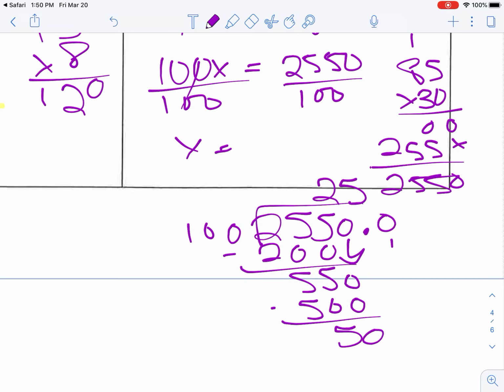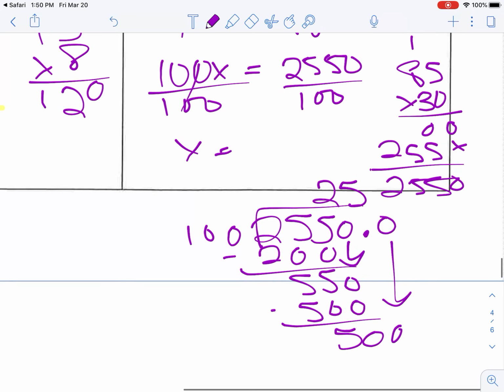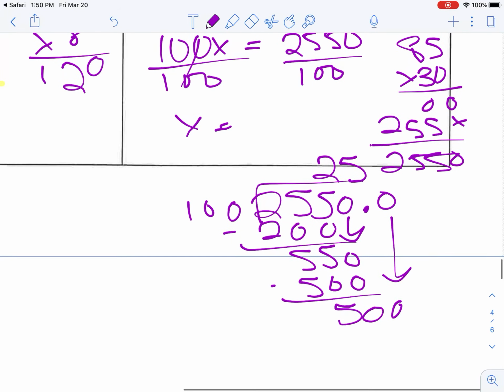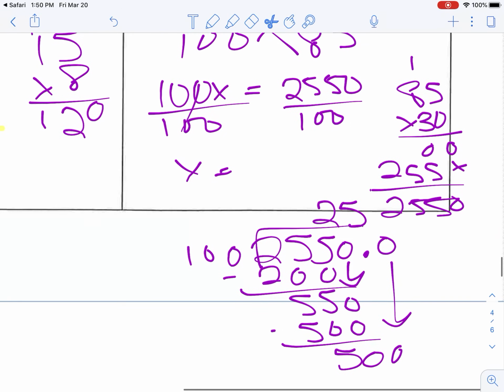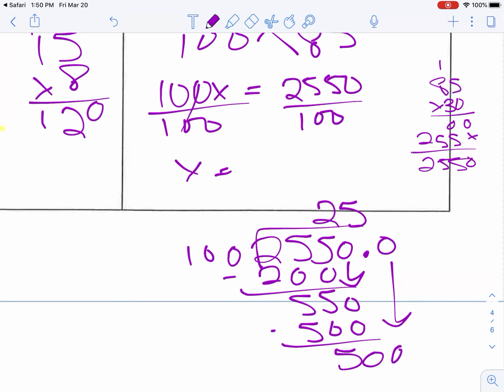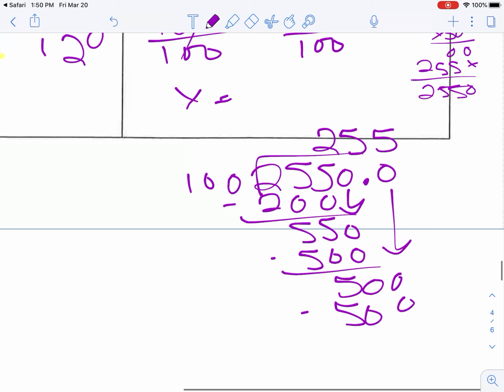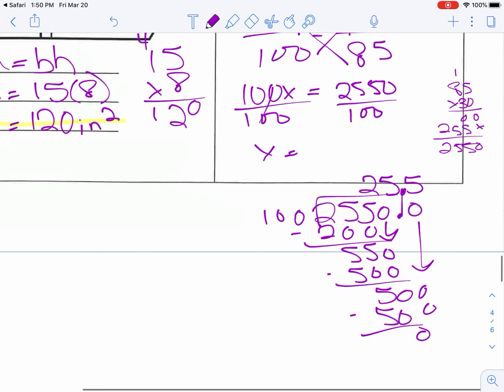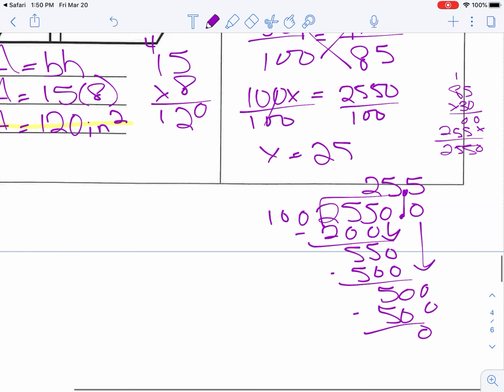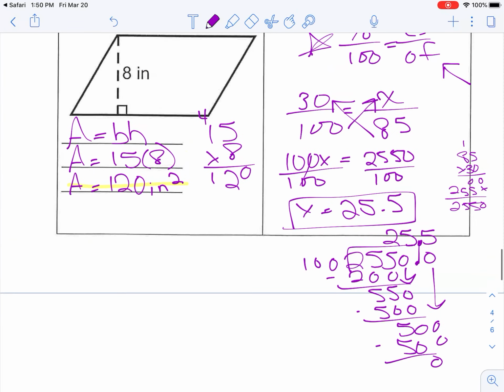Let's add a decimal and a 0, and then it would go in 5 times. I'm going to scooch this other part over so I can finish. Bring that decimal straight up. So X is 25.5. Okay.